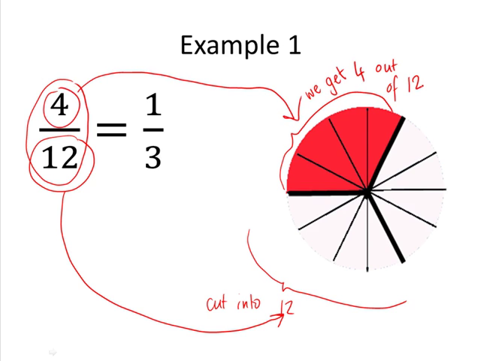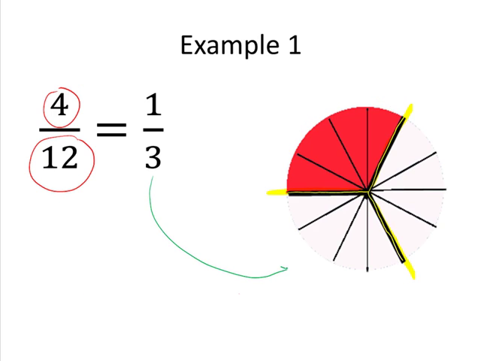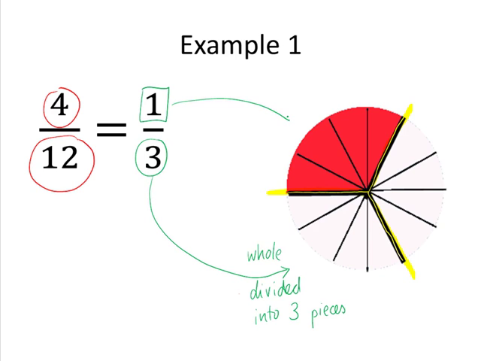Now this fraction can be simplified into the form 1 over 3. Can you see that dividing the pie into 12 pieces and us getting 4 pieces gives us the same amount of pie as if we'd rather divided the pie into 3 pieces and we'd been allowed to take 1 of those pieces?